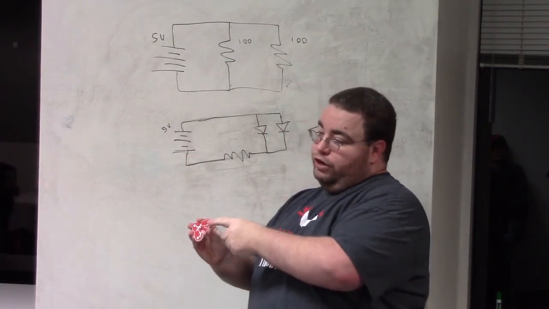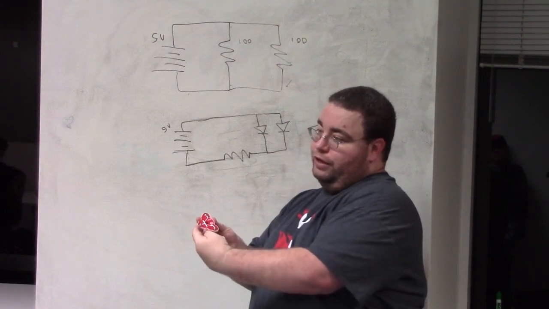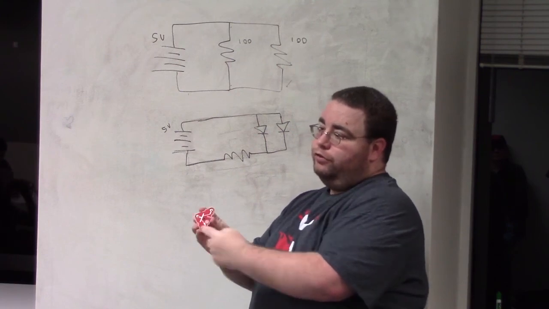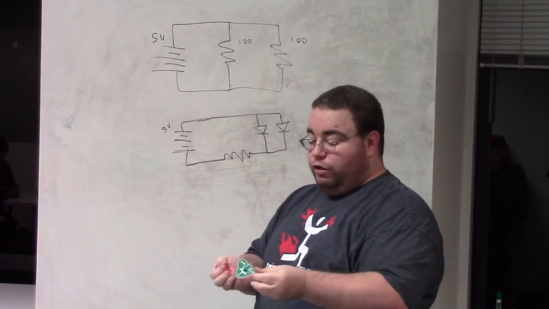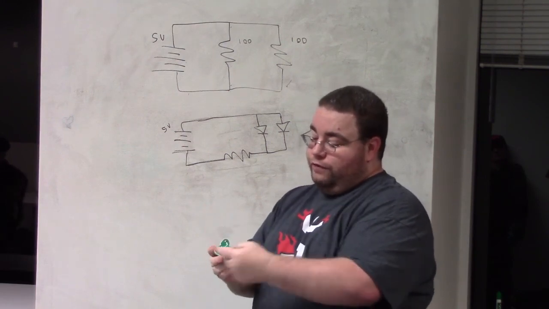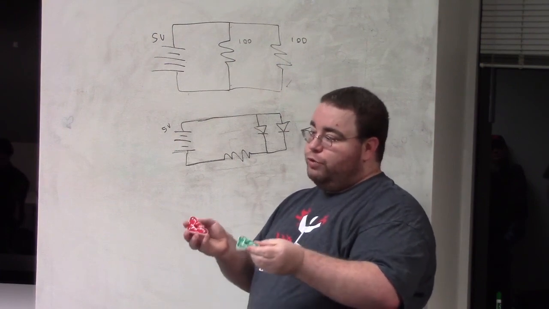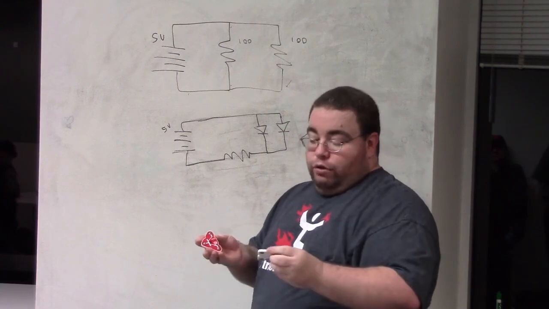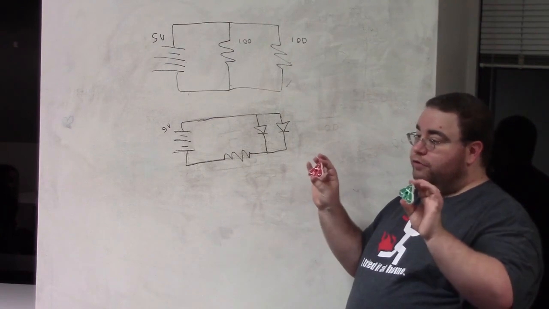These will let current go through if this side is negatively charged for the NPN, unless I got that backwards. That's right. The other one will let current go through if this side is positively charged. So what these are is switches that you can control with another current. They're electrically controlled switches that are just one solid piece of stuff.